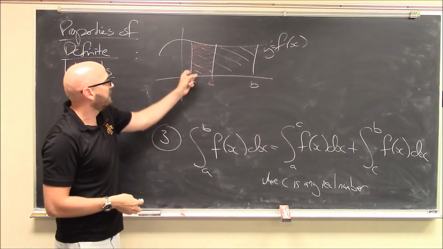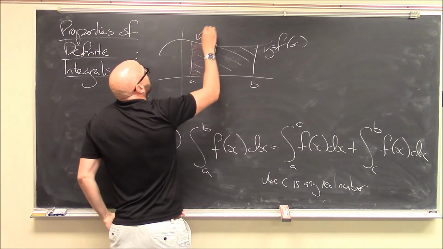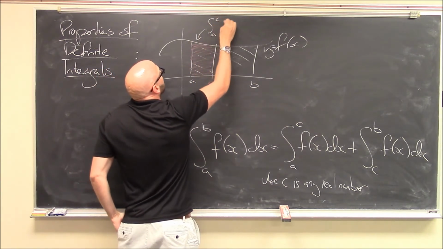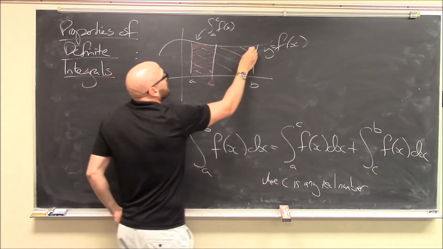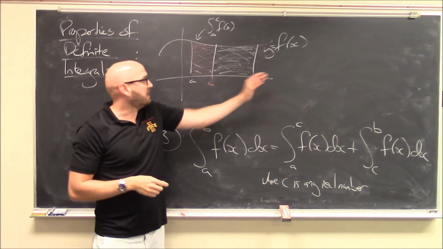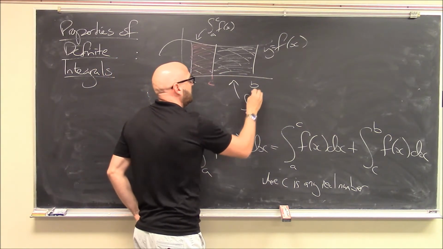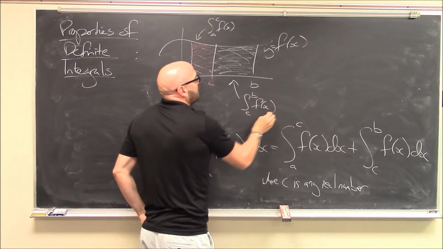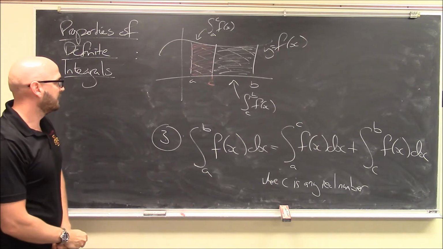That area is the integral of the function from a to c, the integral from a to c of f of x. What's this other area? Well, that's the area from c to b, so that's the integral from c to b of f of x. I'm leaving the dx's off because I'm being lazy.